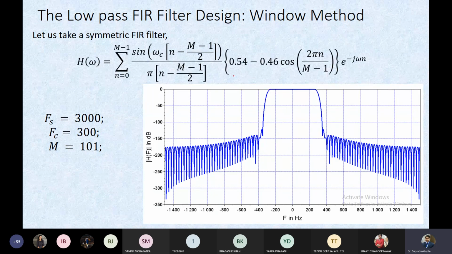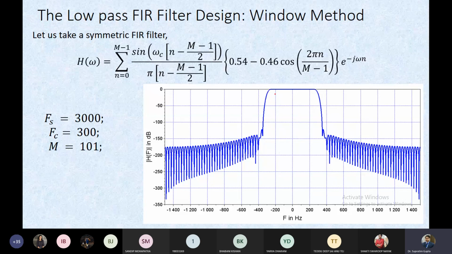So we can use a different window, like the Hamming window, with the shape 0.54 minus 0.46 cos of this, which is completely empirically derived by different people.